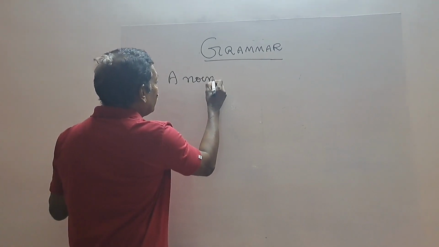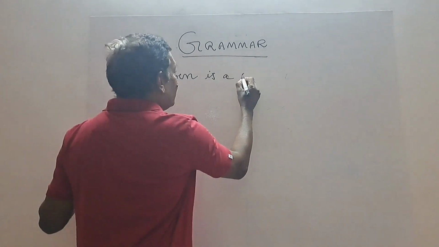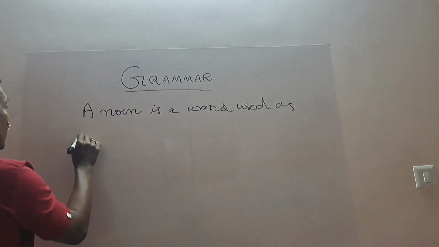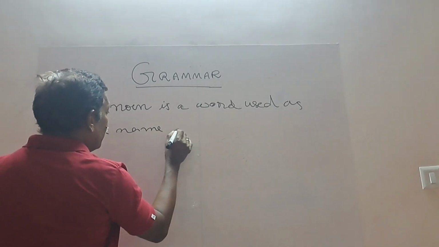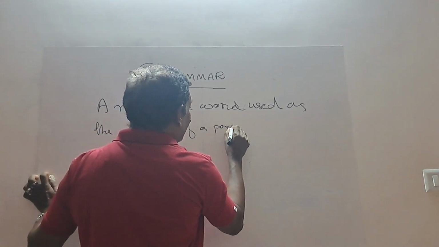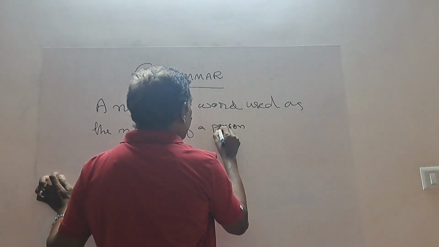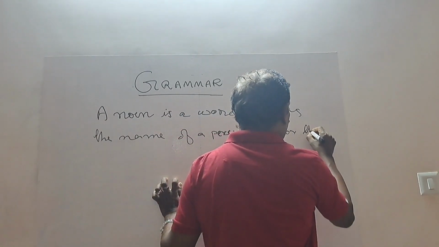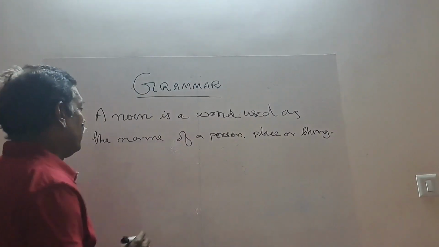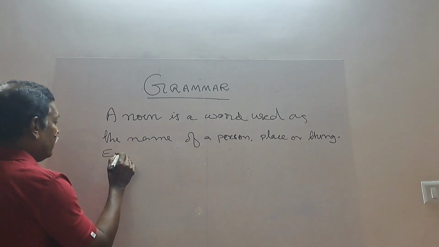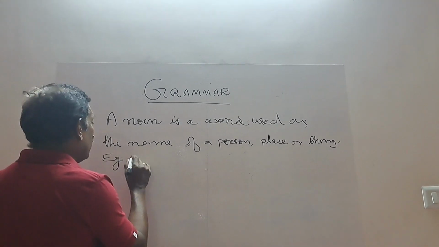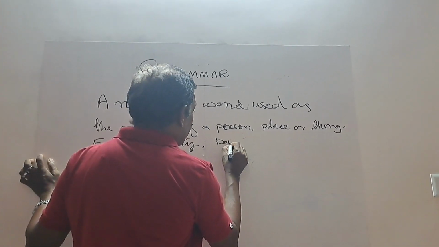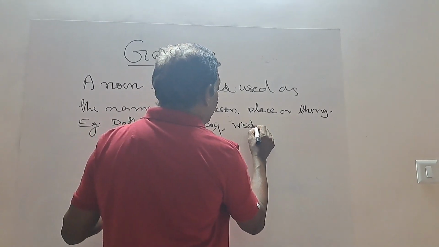A noun is a word used as the name of a person, place, or thing. Example: Delhi, city, boy, wisdom, etc.